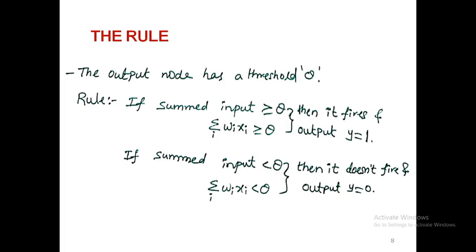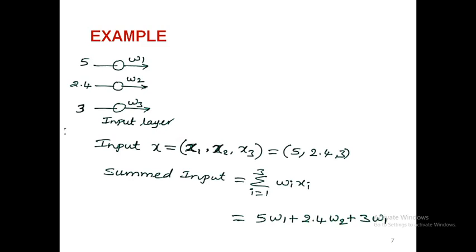That's what it indicates. We see in the example, 5 W1 plus 2.4 W2 plus 3 W3 should be greater than or equal to some theta. If theta is equal to 0, the summed input 5 W1 plus 2.4 W2 plus 3 W3 should be greater than or equal to that theta.